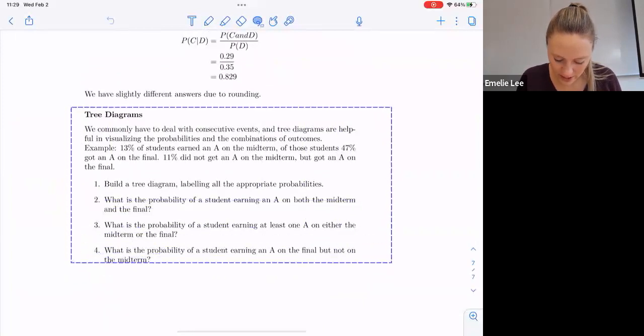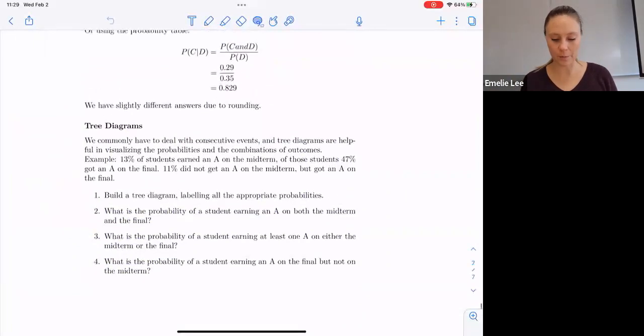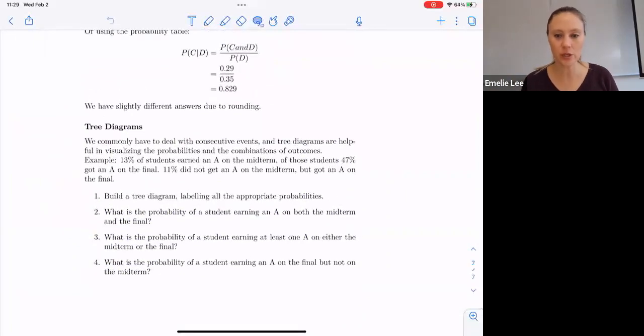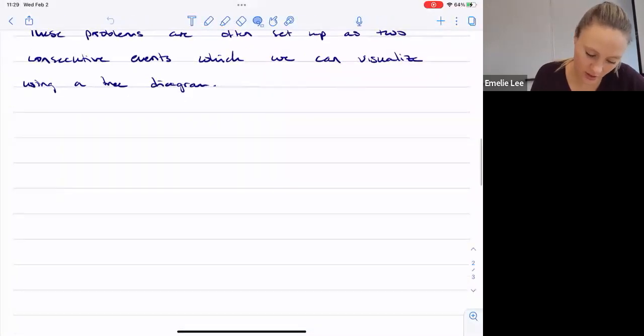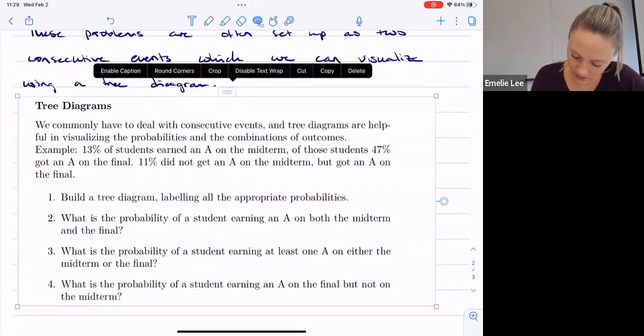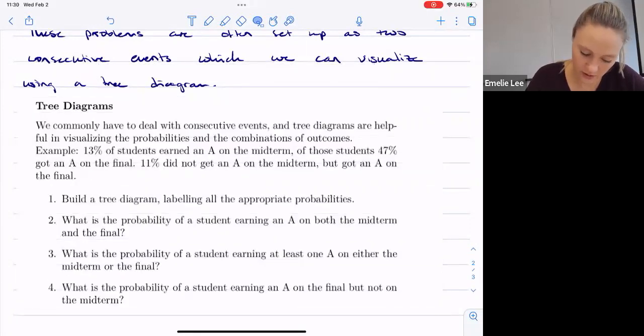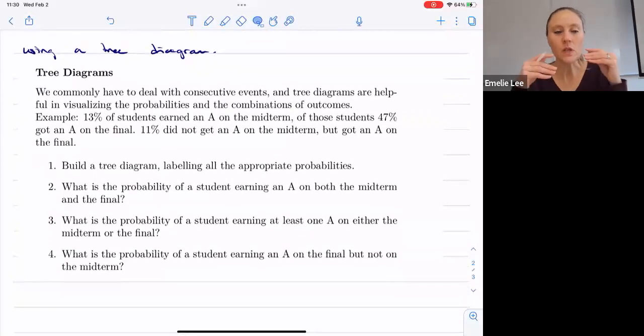Let's grab this whole kit and caboodle. And so these tree diagrams, I want to introduce them with an example. When we have these conditional probabilities, then typically something has to happen to affect the probability.